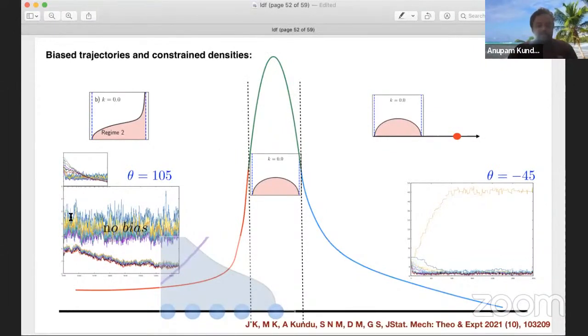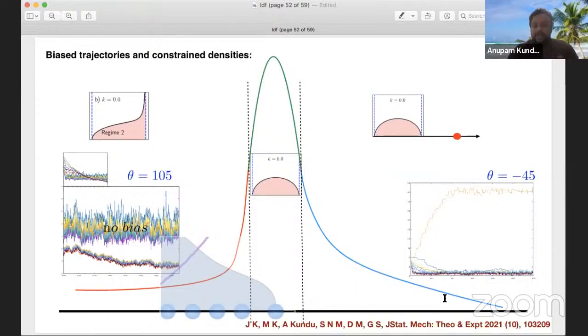Of course, these are typical fluctuations of the X max. This is no bias. But if I want the X max to be much smaller than the typical value, then all the particles have to be pushed to the left, right? And that's why you have to choose a theta in such a way that all the trajectories of all the particles are pushed very much to this left side. And that's how we did it.